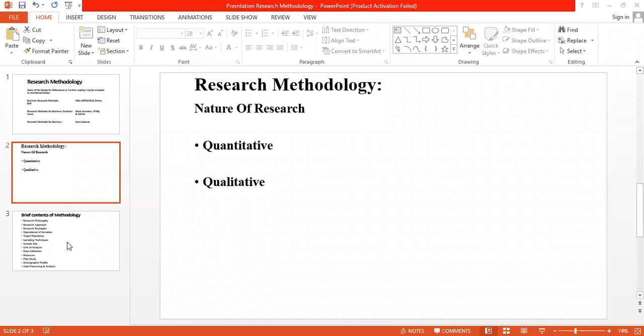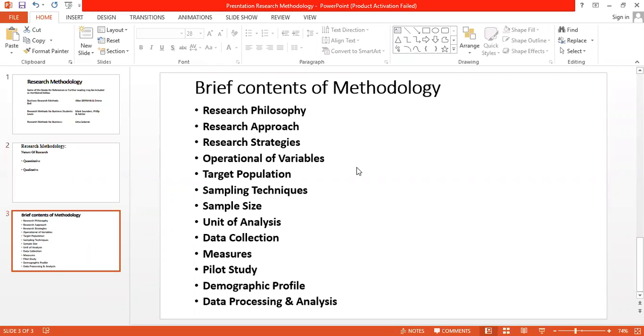Then in the next slide, we shall discuss the contents of methodology. These are very important contents used in a term paper or thesis. As I said earlier, for a thesis there will be a different research methodology, and for a term paper there will be a different research methodology.